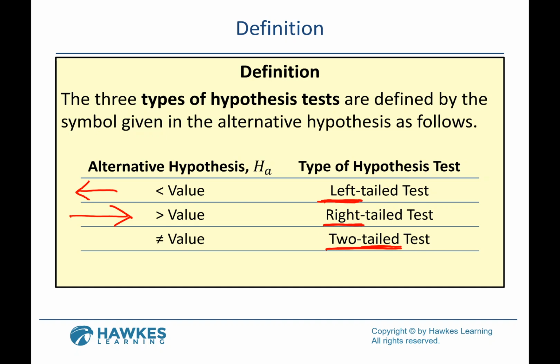So we're not necessarily thinking about doing the opposite symbol. The null will always have an equal sign in there. That is a fairly common way to do it, so just be aware of that. Nothing changes on coming up with the alternative hypothesis, it's just the null.